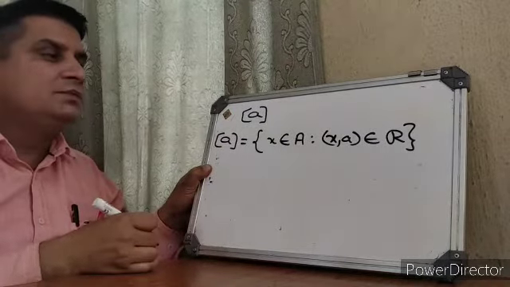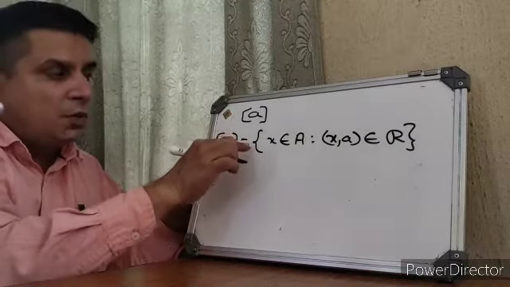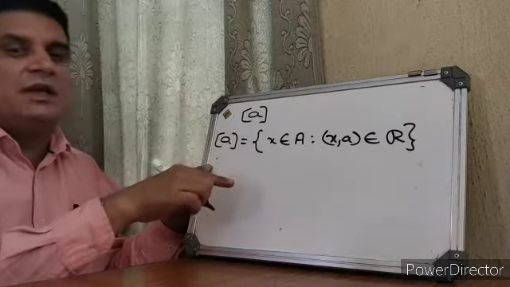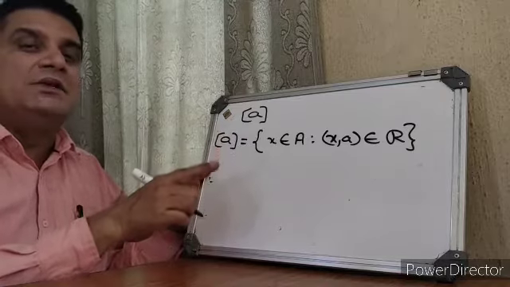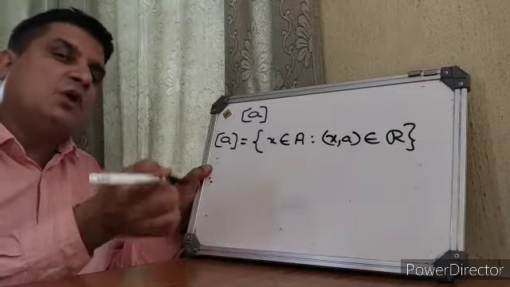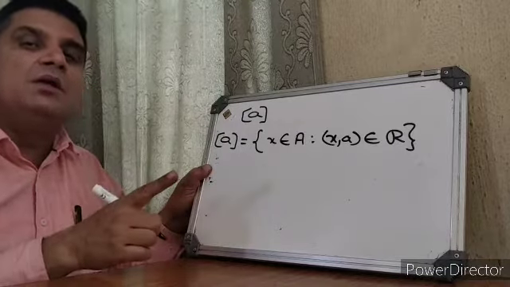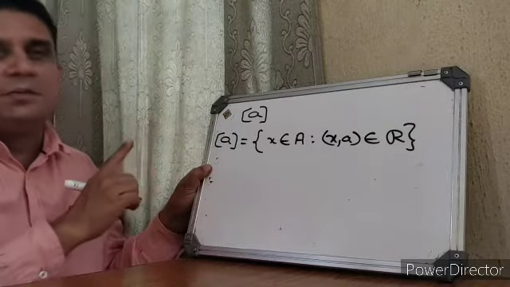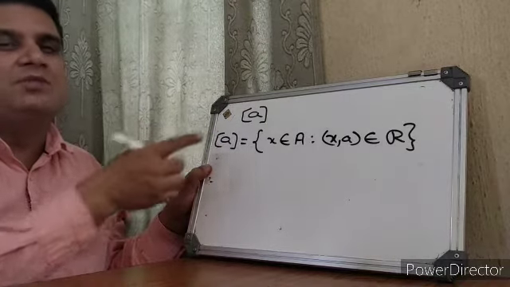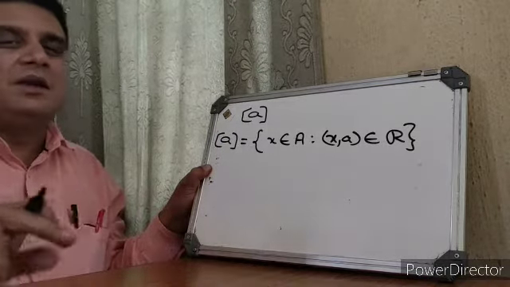And do remember that when an equivalence relation is there, it divides the set into partitions. And if you take the union of all the partitions, it will be the set only. So these are the terms and these are the types of relation in the chapter relation. Thank you.